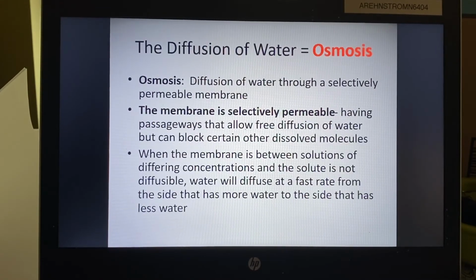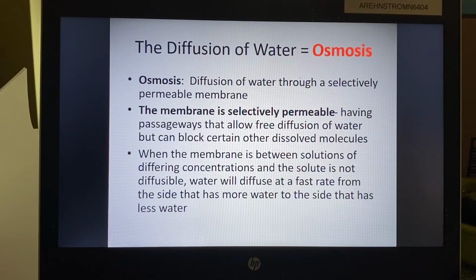When we talk about the diffusion of specifically water and water only, that is the term osmosis. Osmosis is defined as the diffusion of water through a selectively or semi-permeable membrane.